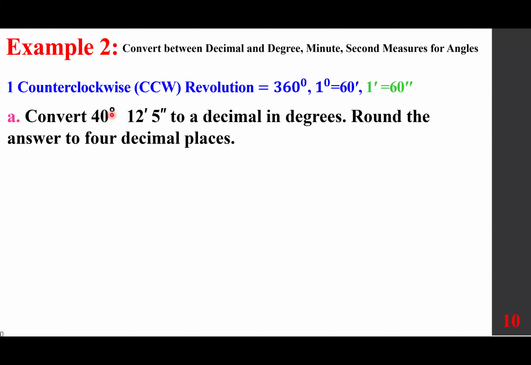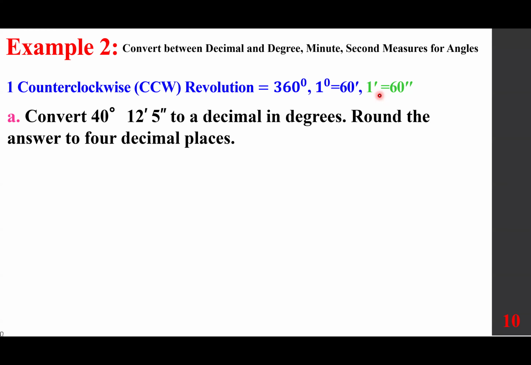Convert 40 degrees, 12 minutes, 5 seconds to a decimal in degrees, rounded to 4 decimals. So remember the relationship. 1 degree is 60 minutes. 1 minute is 60 seconds.